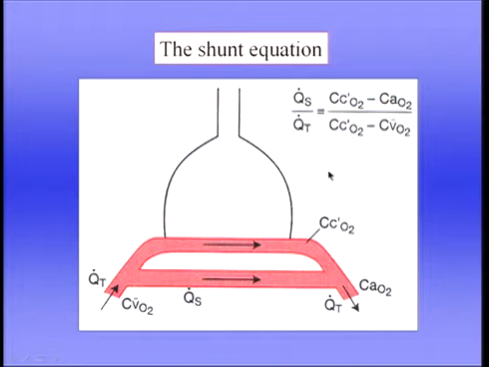Now, sometimes a shunt is not caused by the addition of mixed venous blood to the arterial blood, but by some other kind of blood. In an arteriovenous anastomosis, it'll be the mixed venous blood, but if the shunt is between the two ventricles, then we can't assume that the blood going across from the right ventricle to the left is true mixed venous blood.